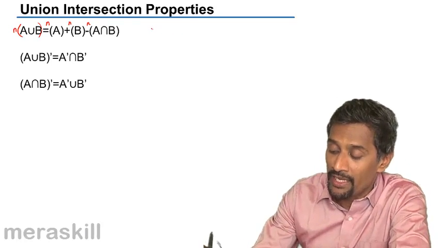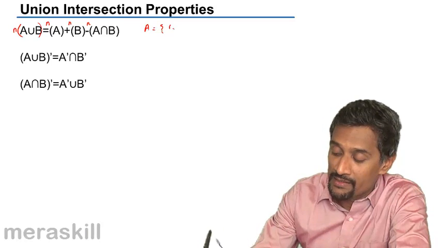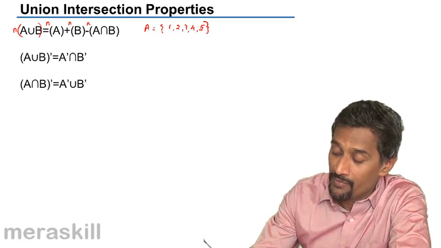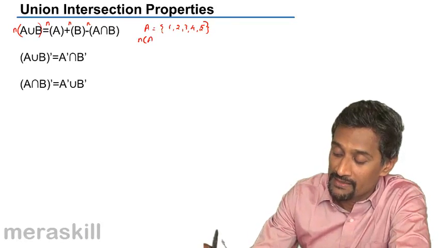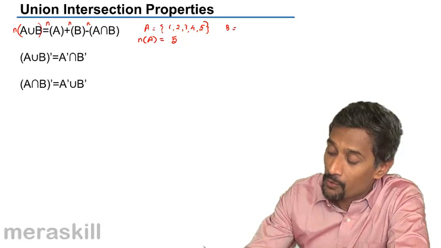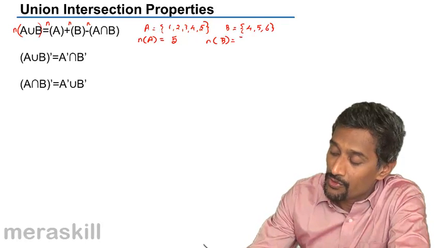I told you n of A union B, say for example A is 1, 2, 3, 4, 5. So n of A in this case is 5. B is suppose 4, 5, 6. So n of B is 3.